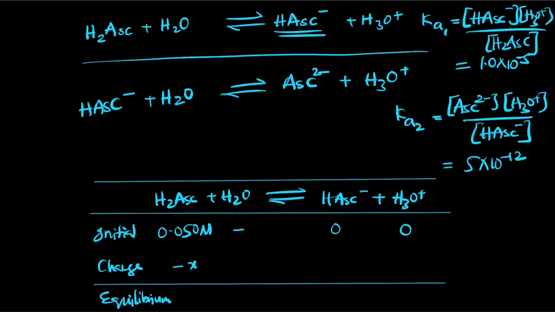So the change is negative x, and this becomes plus x and plus x. So this value becomes 0.050 minus x, and this is x and x. Now notice that because the Ka value is really small, we can assume that this value is nearly close to 0.050.